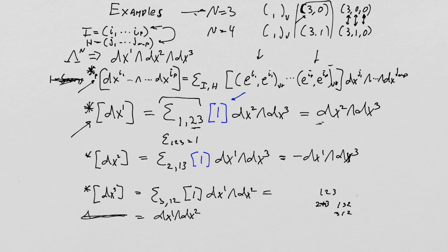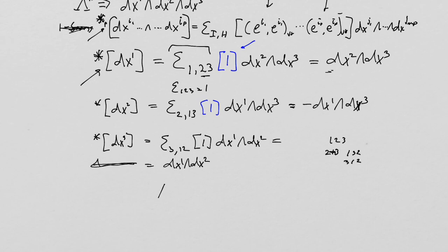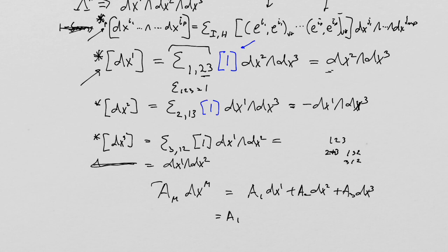basis 1 form. So now any 1 form, which is a mu dx mu, like that, any 1 form, the Hodge dual of that thing is going to be, well, let's see, it's a1 dx1 plus a2 dx2 plus a3 dx3. So now the Hodge dual of this, I guess I'll write the Hodge dual 1.